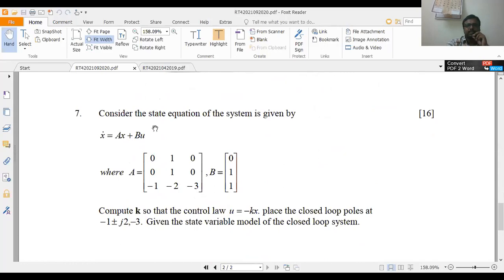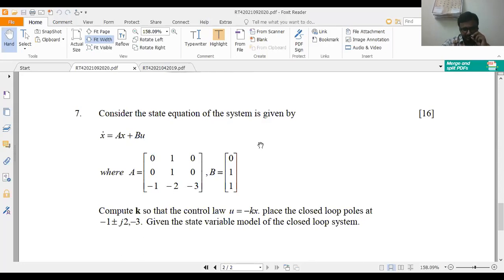Here he has given, see, try to concentrate on this particular one. This is the problem regarding unit number 6.